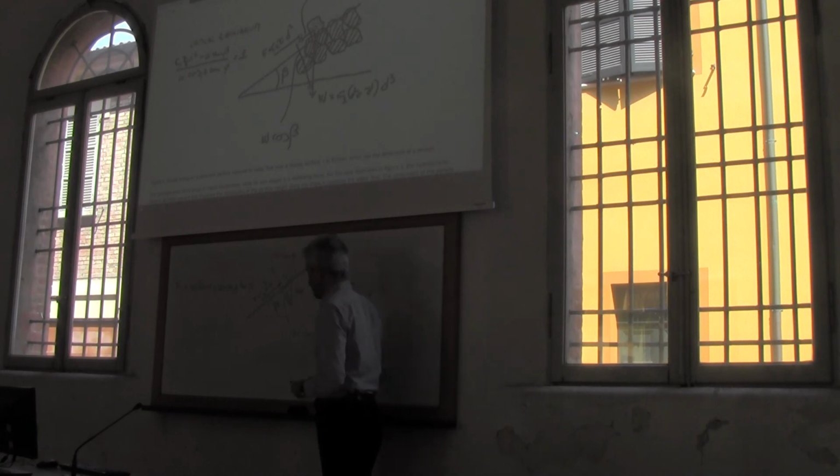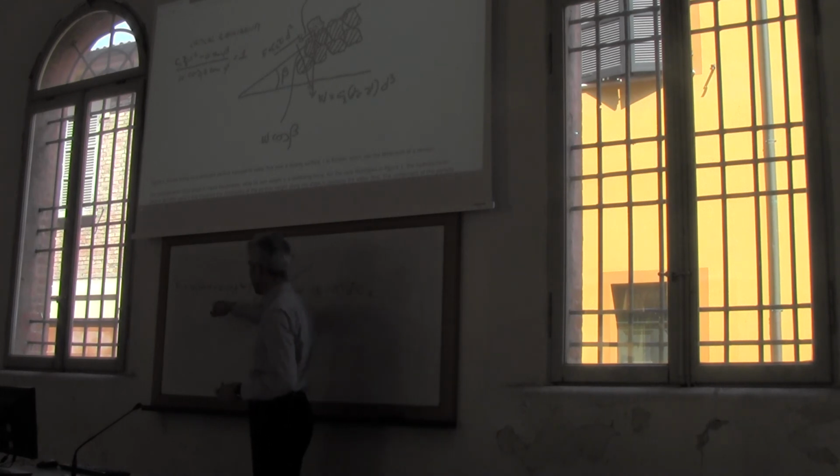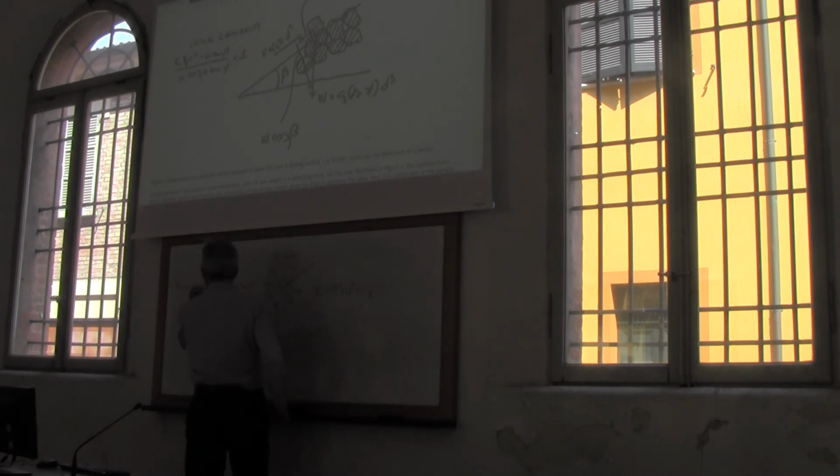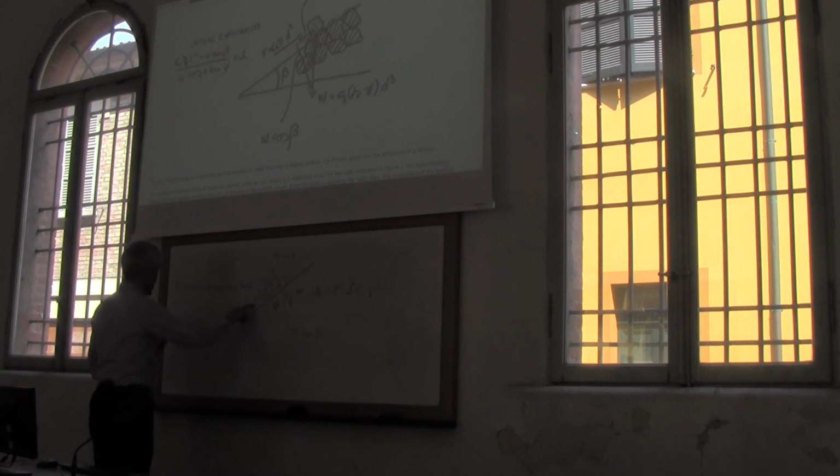Okay, good. And then we can substitute for F. So this is beta. For F, we can substitute this expression here. So we can write C2 d squared tau is equivalent to W sin beta plus W cos beta tan phi.